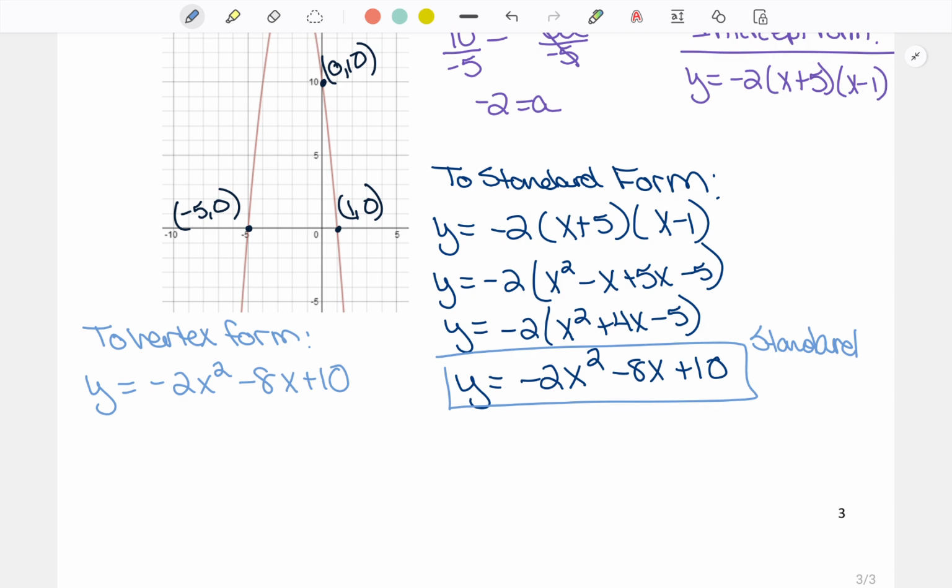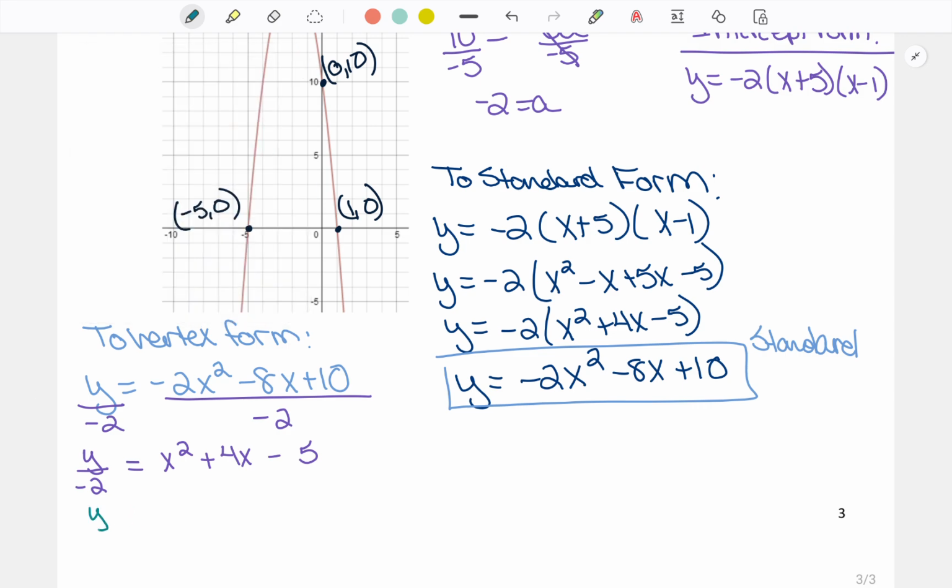So this does have a GCF of negative 2. So I'm going to show you guys a trick to kind of get that out of there. What we're going to do is divide both sides by that negative 2. I will have to bring it back over in the end, but it at least gets rid of it for now. So we're going to have y over negative 2 equals x squared plus 4x minus 5. And then I'm going to have to complete the square.